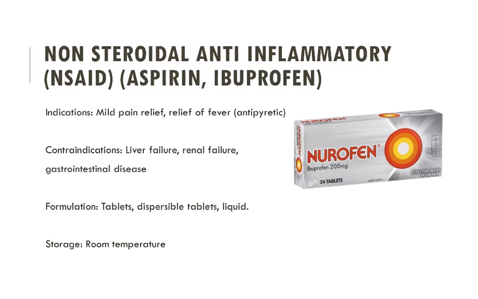And again, they shouldn't be given to patients who have liver failure or renal failure or gastrointestinal disease, because they can upset the stomach and potentially lead to stomach ulcers. Very important that if we have patients who are taking aspirin or ibuprofen, that they do so with food.